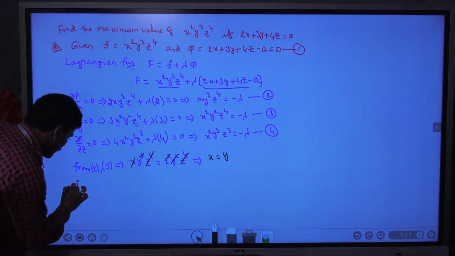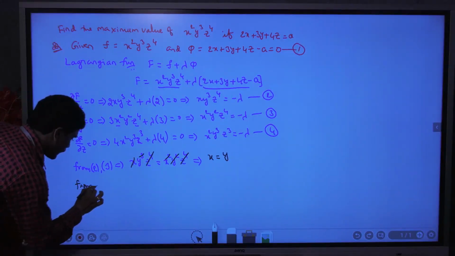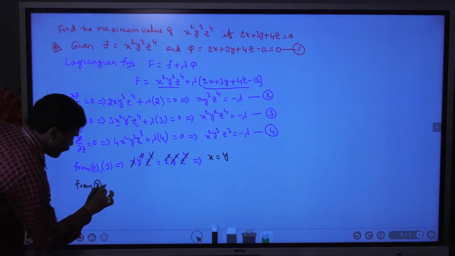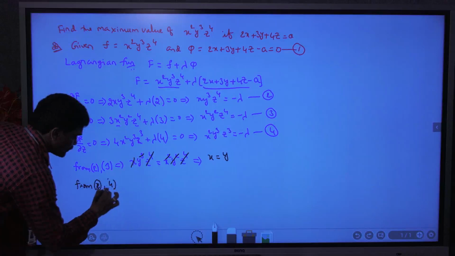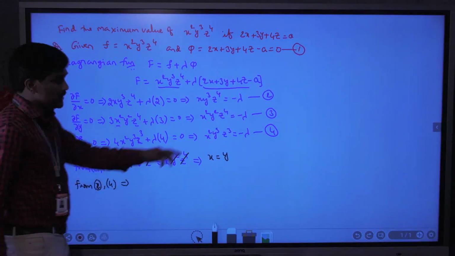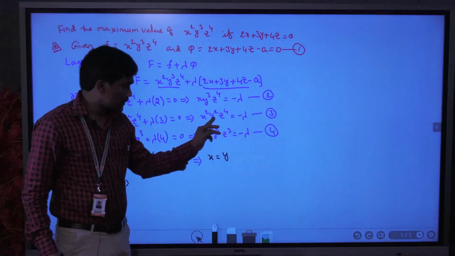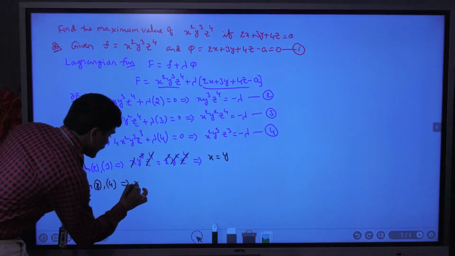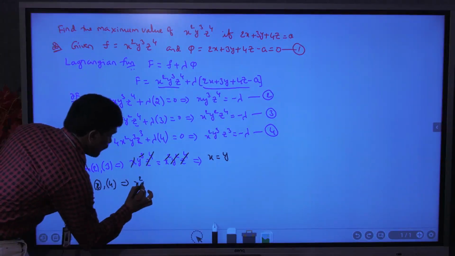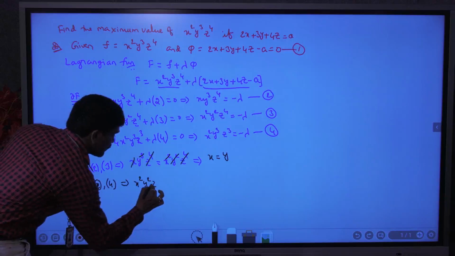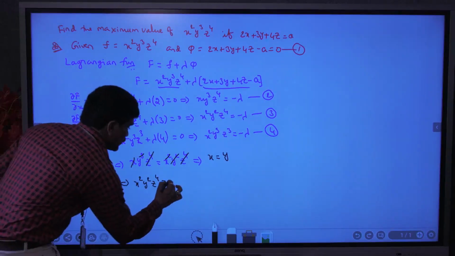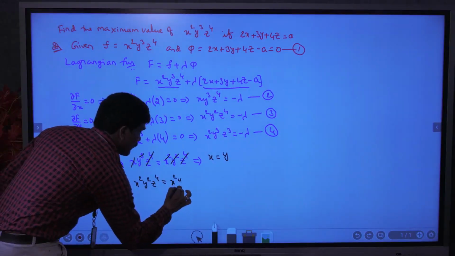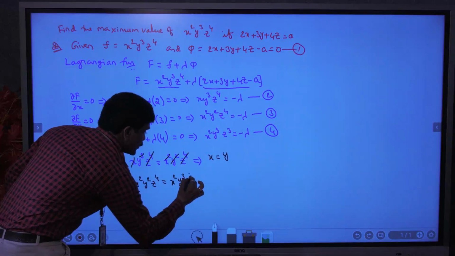Next, from 3 and 4. Again the right hand sides are equal, so equate the left hand sides: x square y square z power 4 is equal to x square y cube z cube.